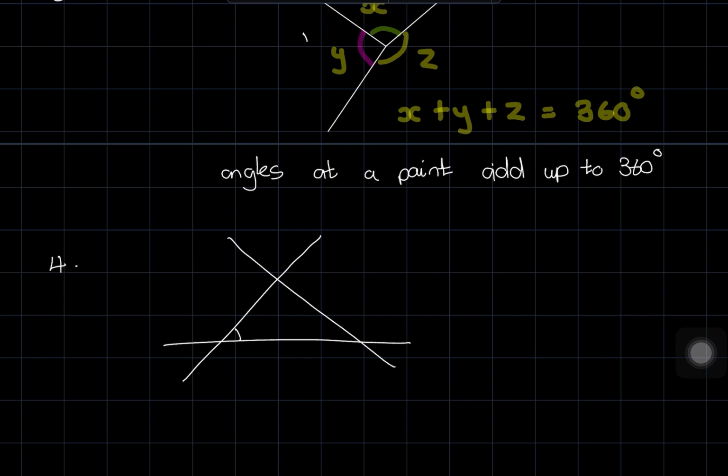Suppose we have angles M, N and O. We're saying that M plus N plus O is equal to 180 degrees. It is very important for you to know these theorems by heart. It will make your life easy. Let's go to the next one.